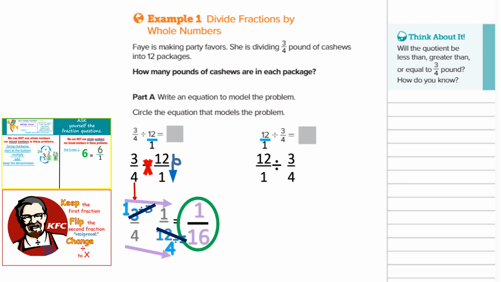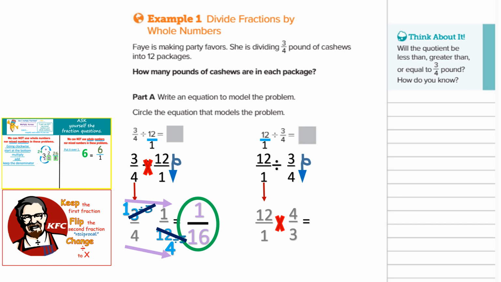So now that I have 12 over 1 divided by 3/4, and I know I can't divide, so I'm going to take 12 over 1 and I'm going to keep it. I'm going to flip my second fraction, so that's going to be 4 over 3, and then I'm going to change my division into multiplication. Will that give me the same answer? Well, let's see.